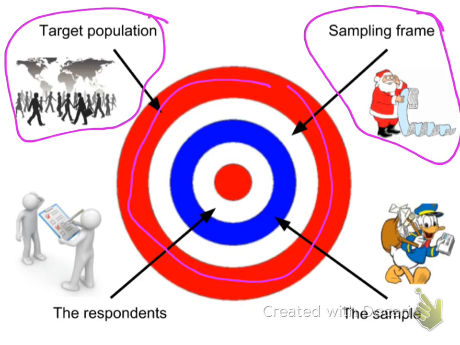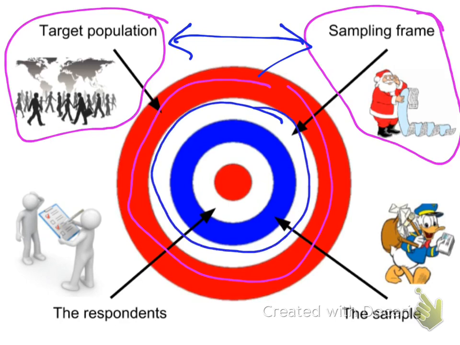So that means that from all the people I'd like to gather information about, my target population, I've now got a slightly smaller group of people that I can actually get information from. So that's my next layer within my little target there.